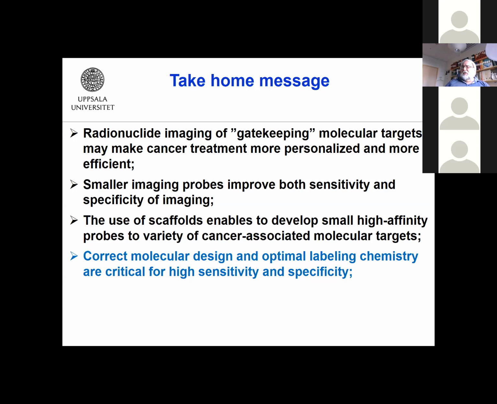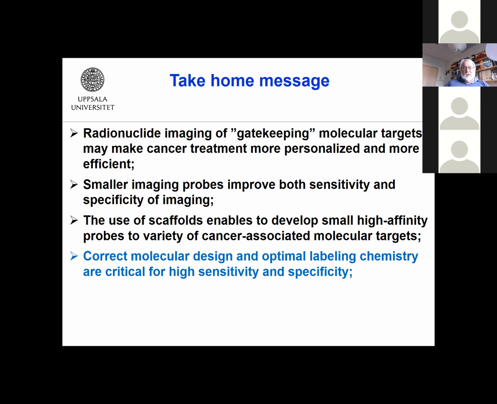So it helps to treat the right patient with the right therapeutics at the right time. Smaller imaging probes improve both sensitivity and specificity of imaging because they provide higher contrast and lower unspecific uptake in tumor.